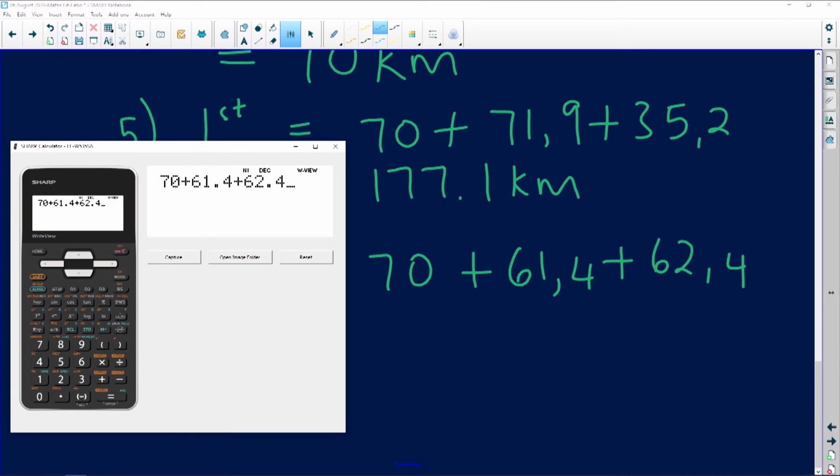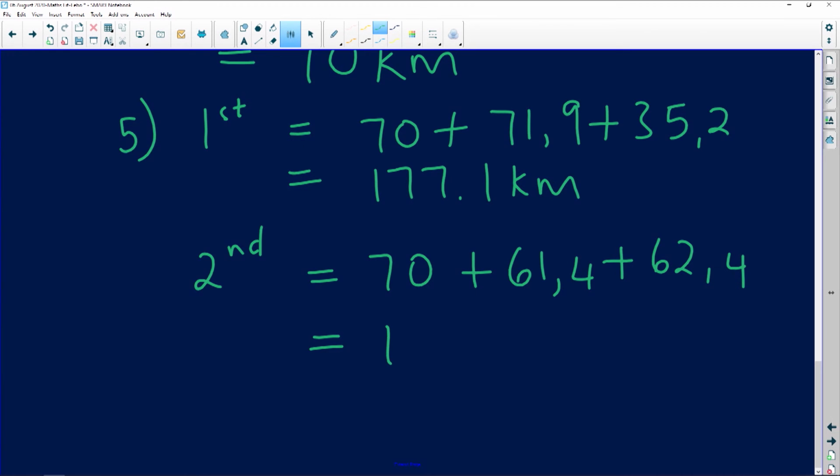Okay, just making super sure that I am doing the right thing over there. That is going to give me 193. I don't want that fraction. Change. 193.8 kilometers. So I've got the two to now compare with each other.